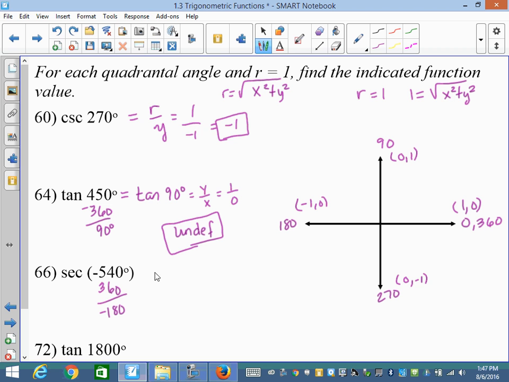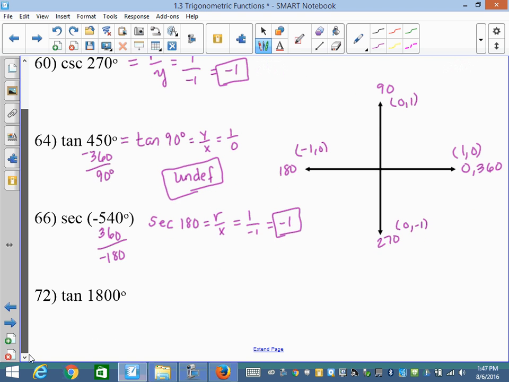So we're really looking for the secant of 180. By the way, -180 is at the same spot as +180. Secant is r over x. r is 1, x is -1. So our answer is -1.